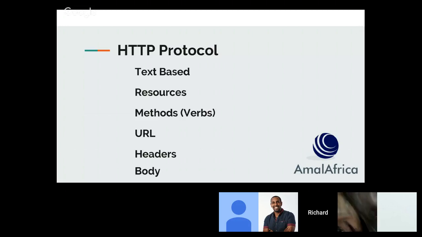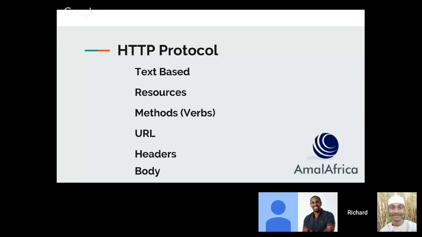Everything is text-based. The web is really based around this idea of there being resources out there on servers, and clients asking for those resources. So a resource might be something like a person's Facebook profile page. That would be a resource. Or it could be a list of cars that are available to rent, for example.